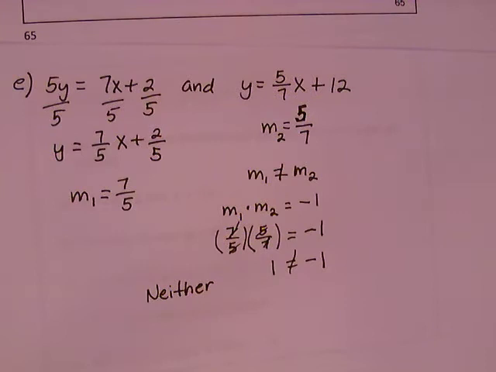This is going to be neither parallel nor perpendicular. So keep in mind, for parallel lines, both slopes must be equal to each other. And for perpendicular lines, the product of the two slopes must equal -1.